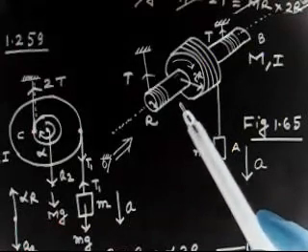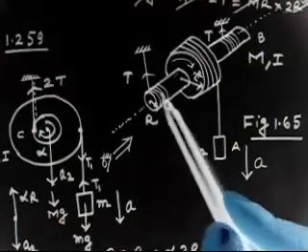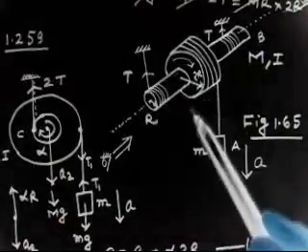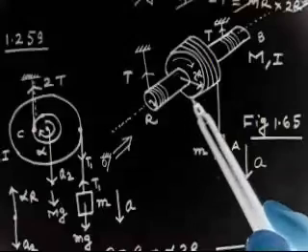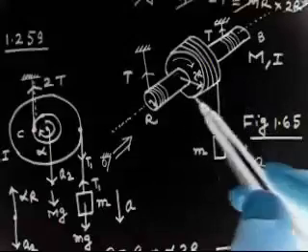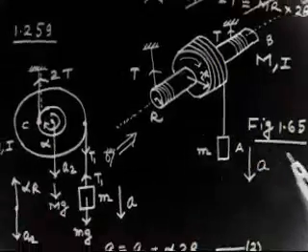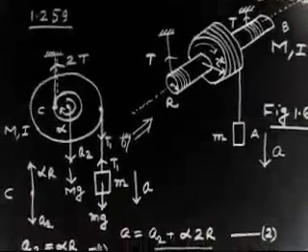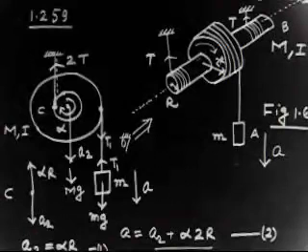Another, I have to write the rotational equation, that is the total torque. 2t1 is this side and t1 into 2r is this side. So total torque is equal to I alpha. So I have to write two equations for the pulley. One is translational, another is rotational. Translational equation is force external is equal to mass into acceleration. Rotational equation will be torque is equal to I alpha. And then I solve for a or alpha.